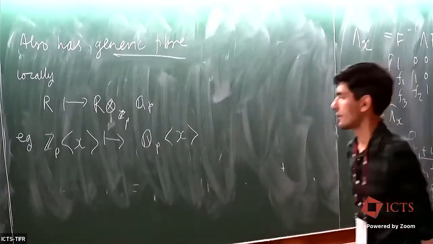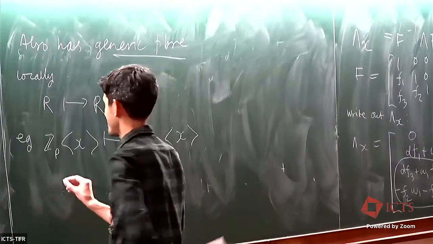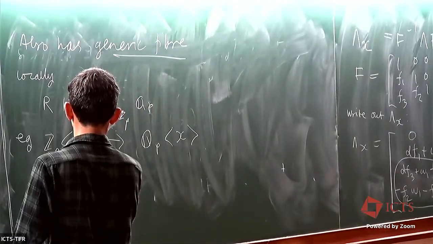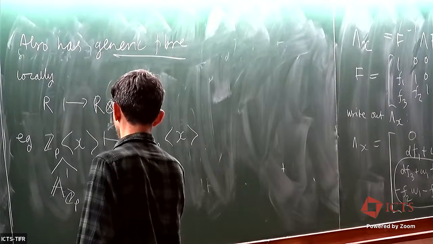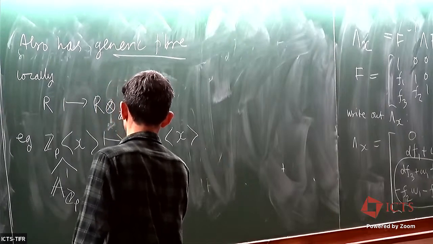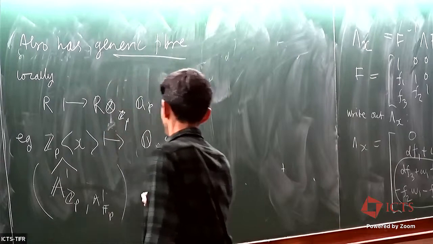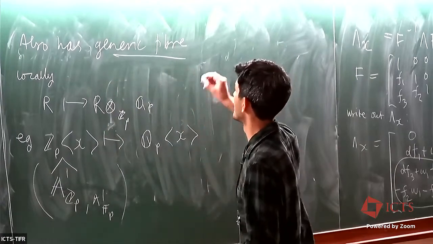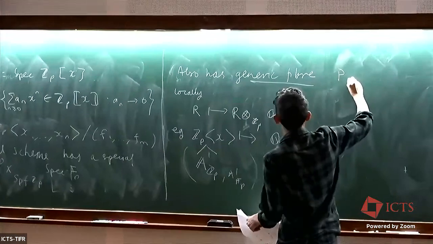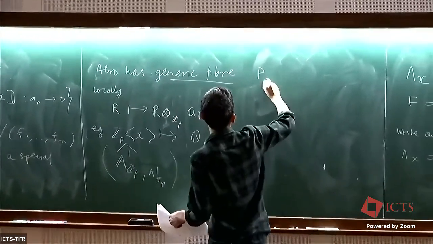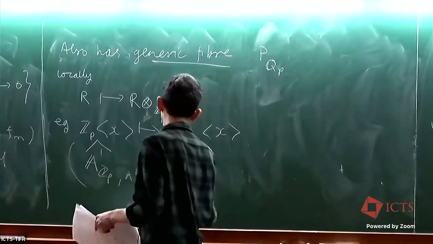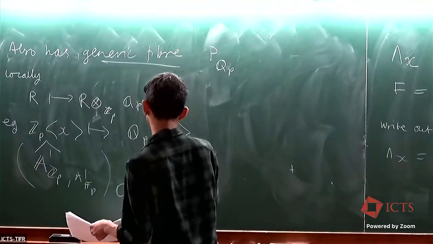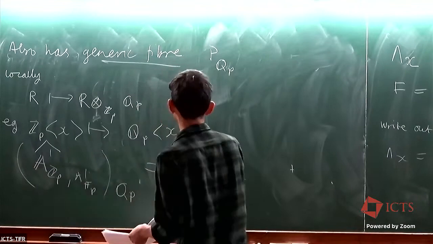And so that says in formal scheme language that if I take A^1 over Z_p and then I formally complete that along the special fiber, and then I take this generic fiber, this generic fiber is written as P subscript Q_p. And this is just equal to the usual closed ball of radius 1.